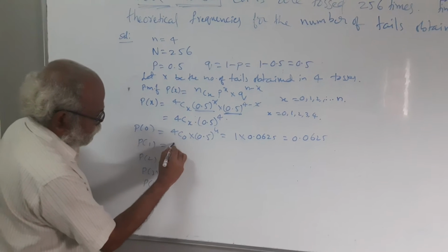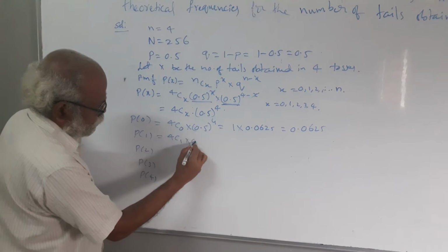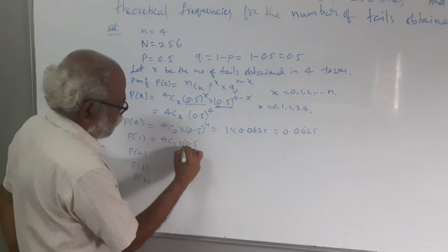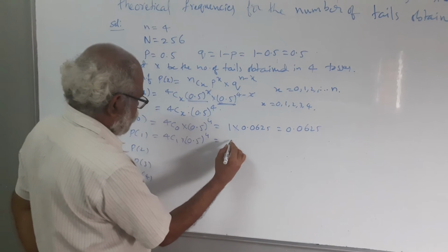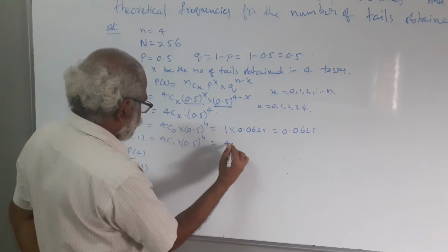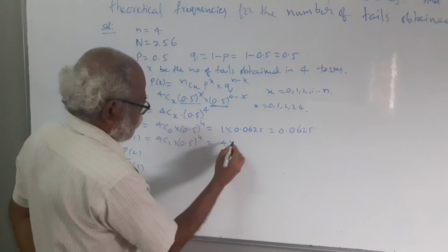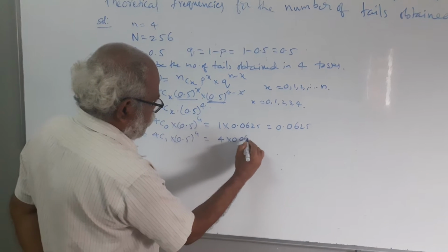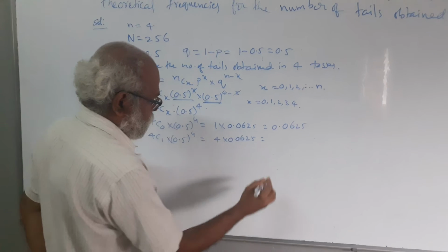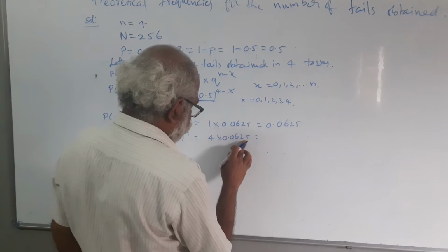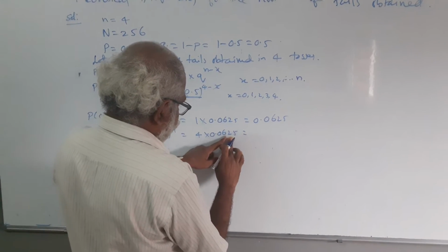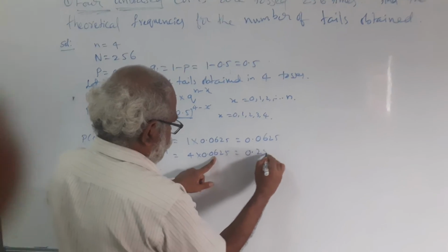Next, 4C1 into 0.5 raised to 4. 4C1 is 4, 4 into 0.0625, it's 0.25.